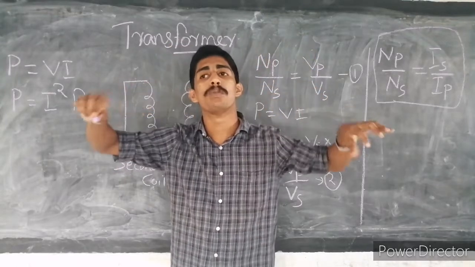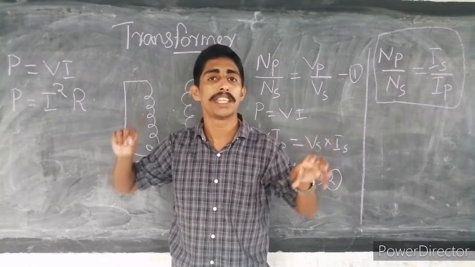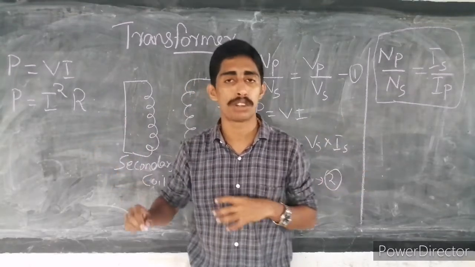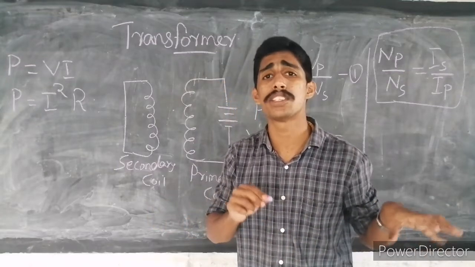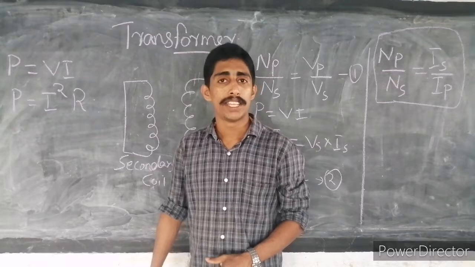If you take an electric conductor, there will be resistance. We already studied resistance, and resistance means the opposition to the flow of electrons.